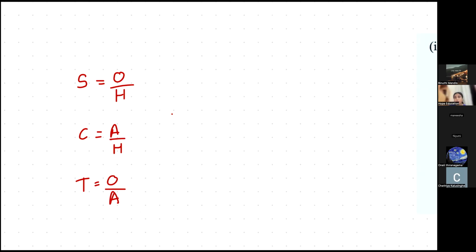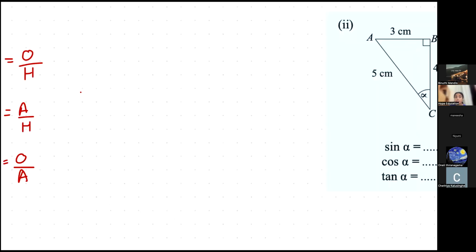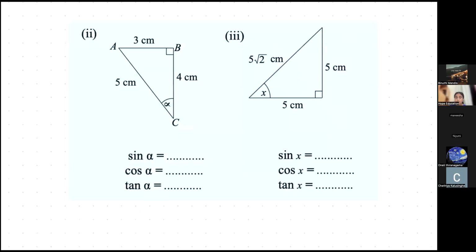So we have sine alpha, opposite side over hypotenuse. Opposite side is 3, hypotenuse is 5. So that fraction would be 3 over 5. You can just leave it as fractions. Cos alpha is adjacent side over hypotenuse. That is 4 over 5. Tan alpha is opposite side over adjacent side. That is 3 over 4.